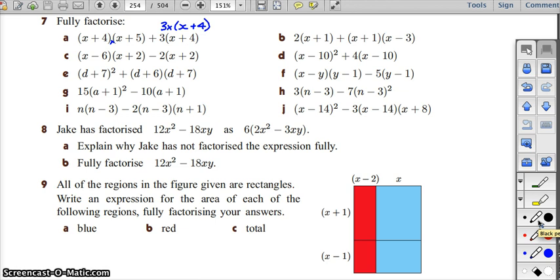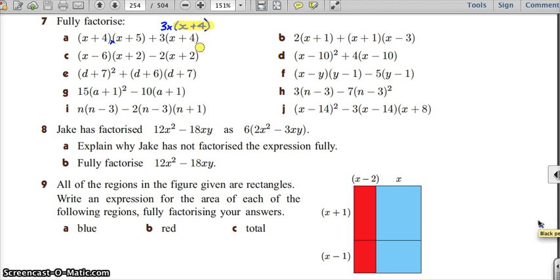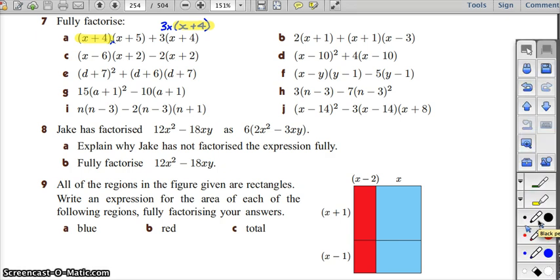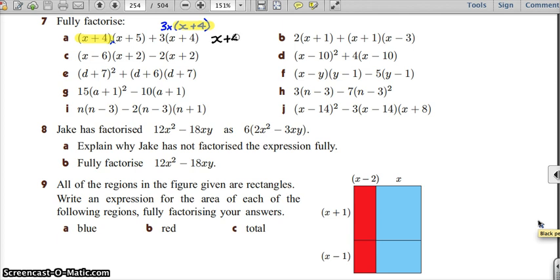And now with this one, it's fairly simple to see that that and that are the same. X plus 5's not, nothing else is. So because they're the same, Georgie, that goes out the front on its own in a bracket. Now what is left is clearly this stuff here, isn't it?